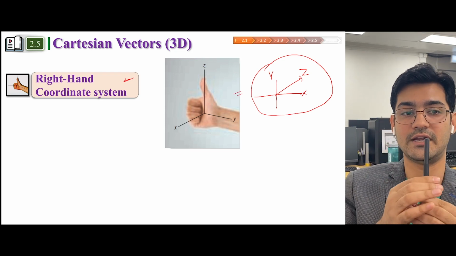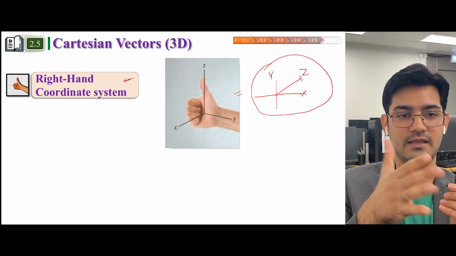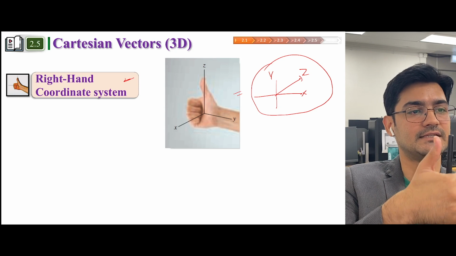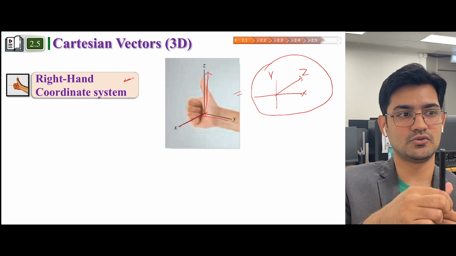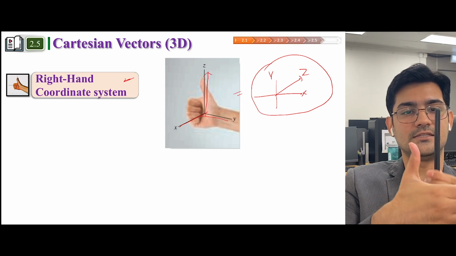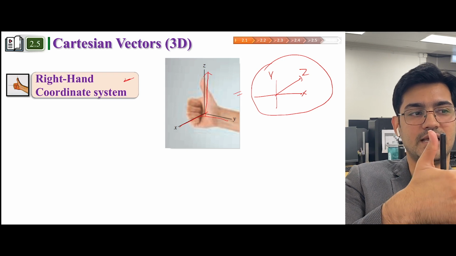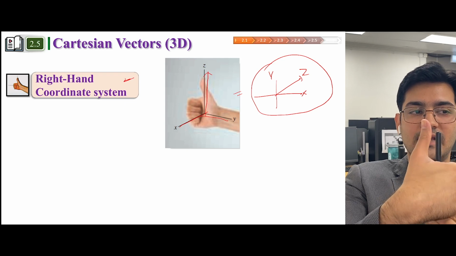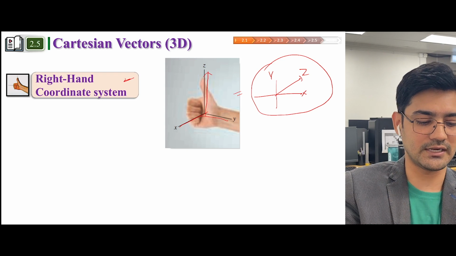A rectangular coordinate system is said to be right-handed if the thumb of the right hand points in the direction of the positive z-axis. Here you can see this is the x-axis, this is the y-axis, and this is the z-axis. If the thumb is pointing towards the z-axis and you curl the fingers from the x-axis to the y-axis, then this type of coordinate system is called a right-hand coordinate system.